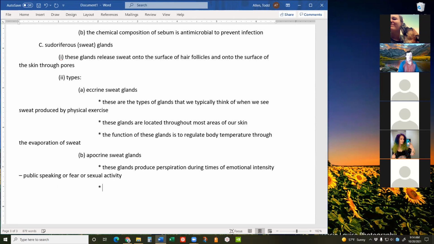These glands are not located throughout most of your skin. They're only found in certain areas of the body. They're concentrated in the armpit, the groin, the areolae of the breasts, and curiously enough, in the bearded region of males.